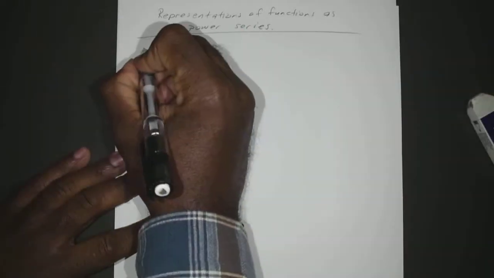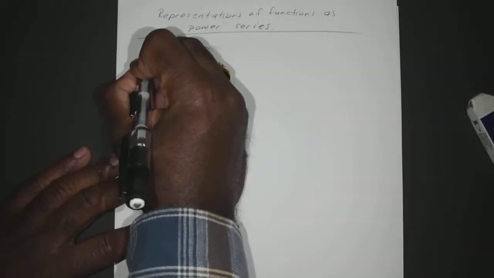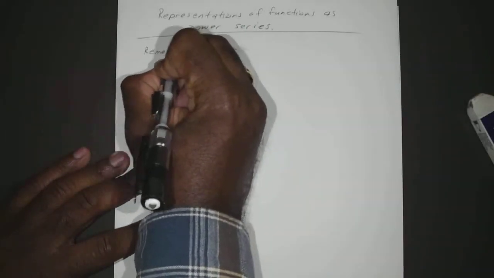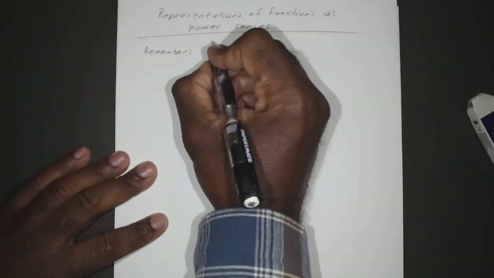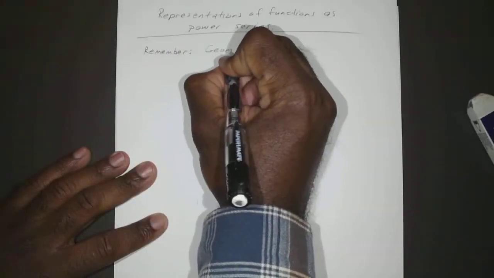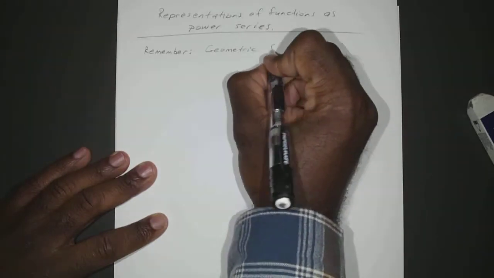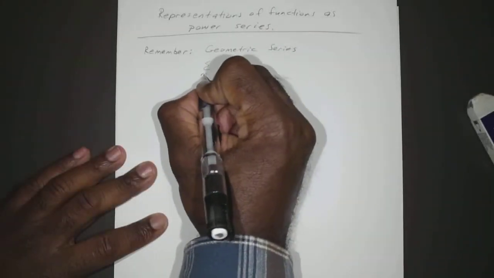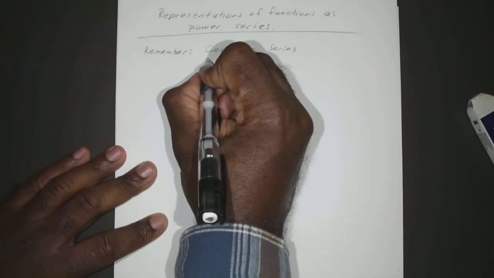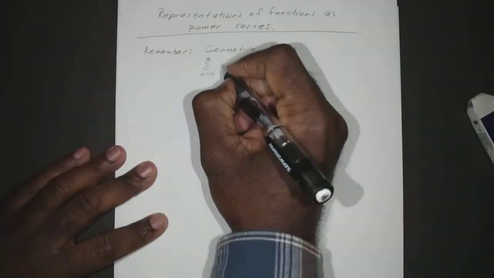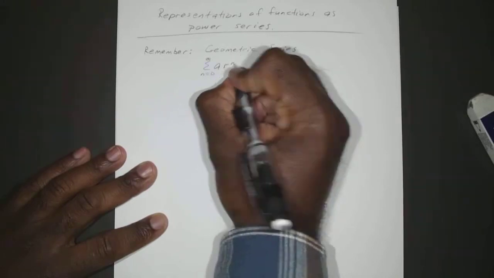Okay, so we're going to go back now to our old geometric series, where you have the sum from n equals 0 to infinity of a times r to the n.